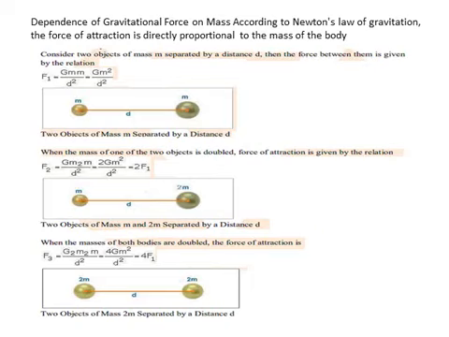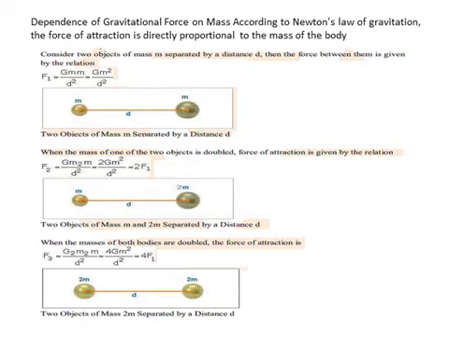Now in the formula, F is equal to G into m1 m2 divided by d square, you replace m1 and m2 by m itself, because both of them have equal masses. So when you substitute here, the force F1 is equal to G m square by d square.